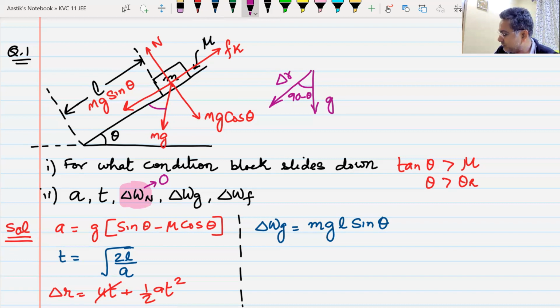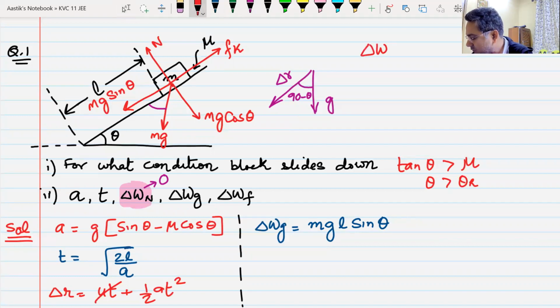Let me draw it here because there is no space over there. Work done by any force, we had written as F into delta R into cos theta.